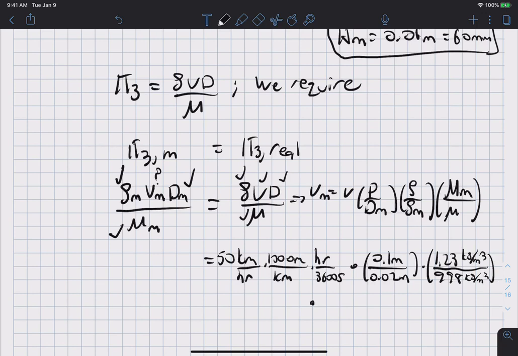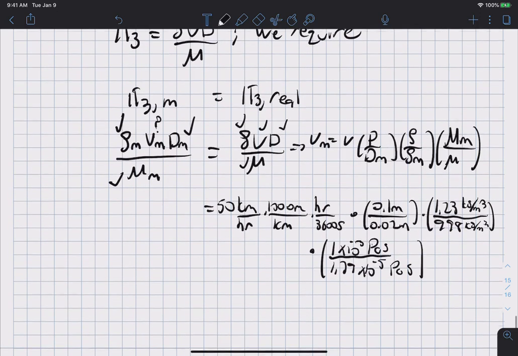And this is multiplied by mu m over mu, and that's 1 times 10 to the minus 3 Pascal seconds divided by 1.79 times 10 to the minus 5 Pascal seconds.